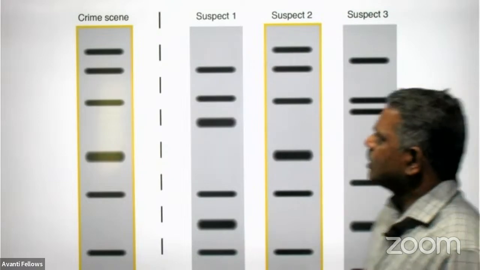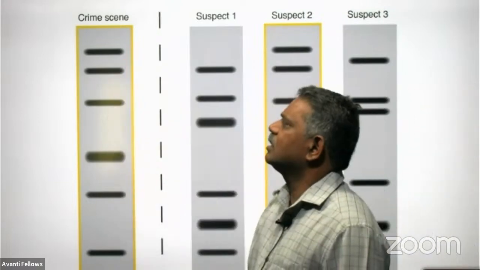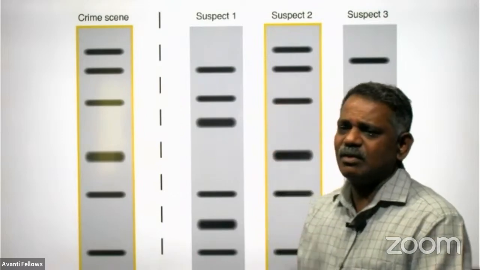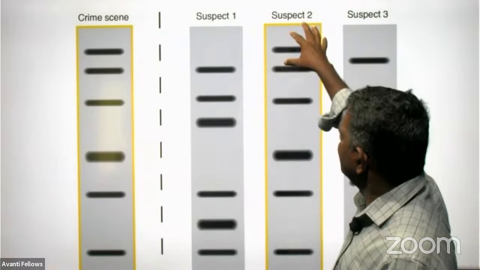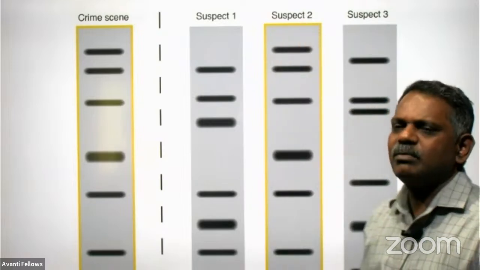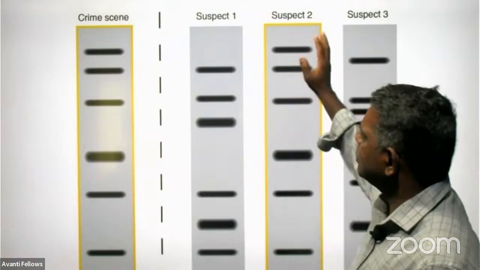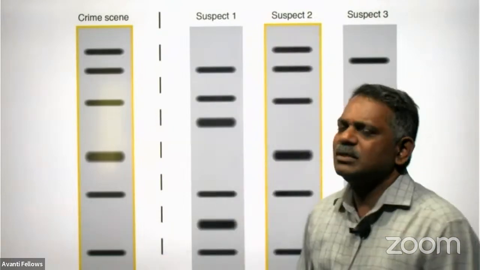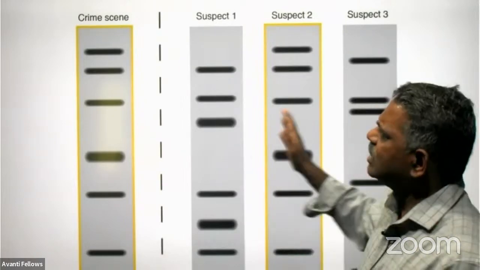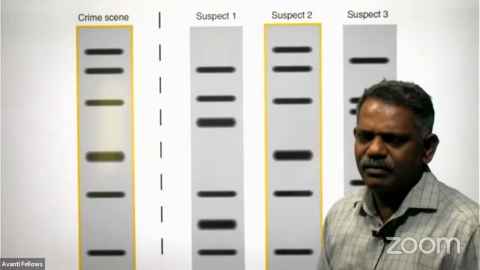That means all the bands appearing in the fingerprint of the cell collected from the scene of crime can be seen in suspected person number 2. So suspected person number 2 was there at the scene of crime at the time of crime. This is the scientific way of investigation.